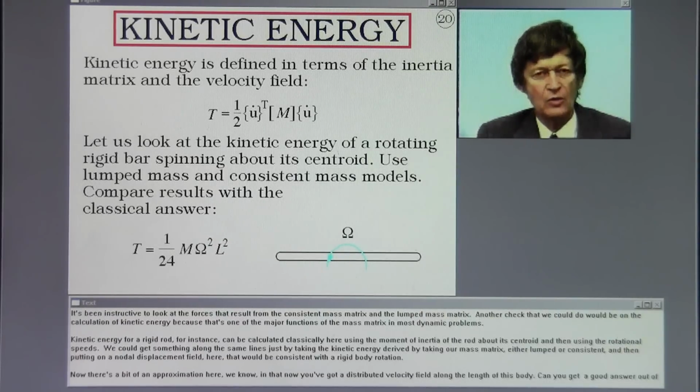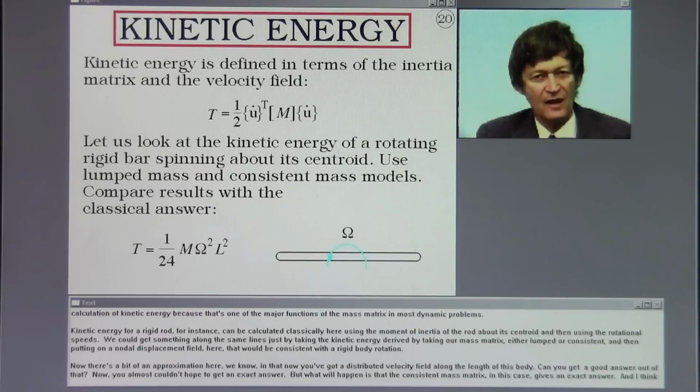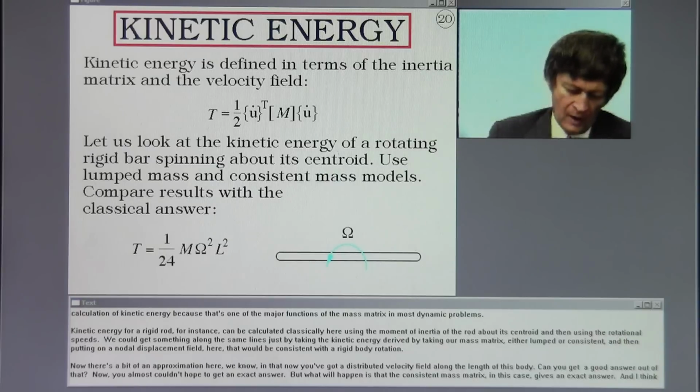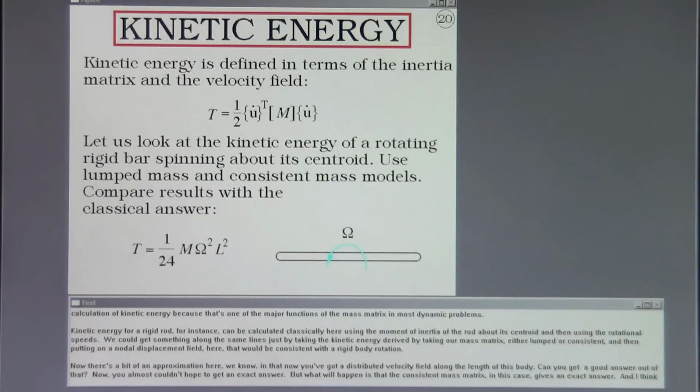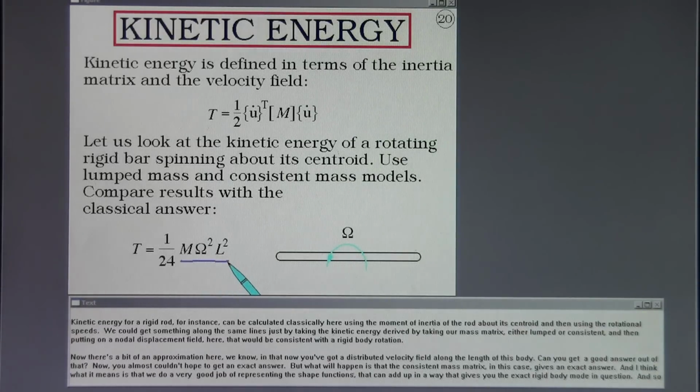Another check that we could do would be on the calculation of kinetic energy, because that's one of the major functions of the mass matrix in most dynamic problems. Kinetic energy for a rigid rod, for instance, can be calculated classically here using the moment of inertia of the rod about its centroid and then the angular rotational speeds.